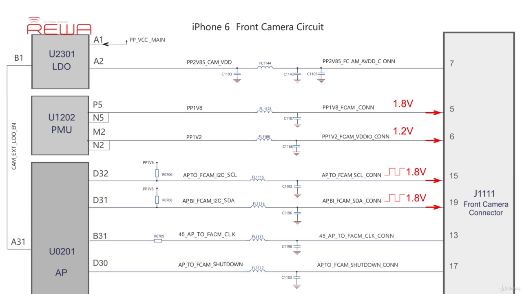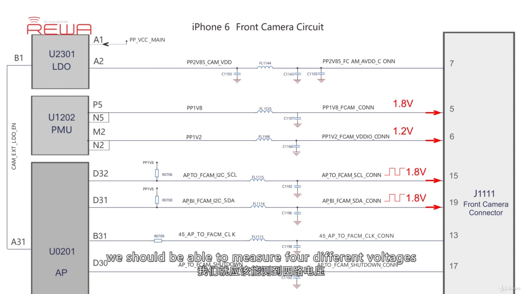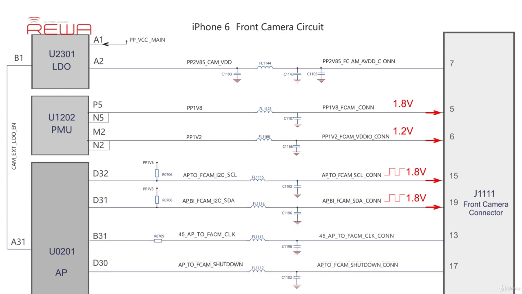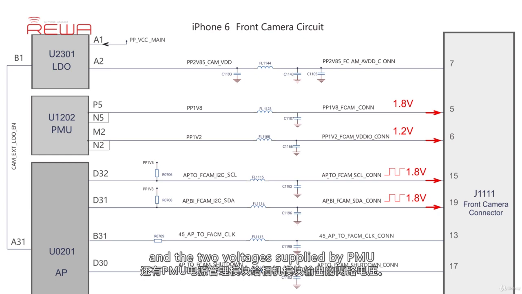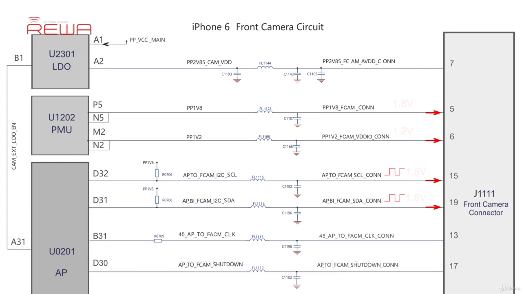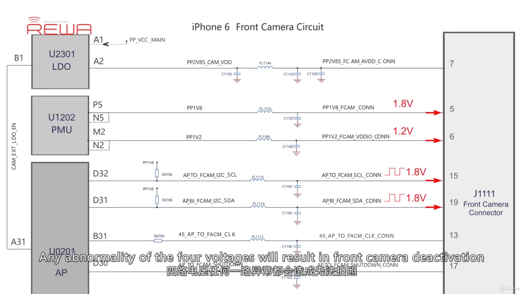mode. So, after the phone has booted, we should be able to measure four different voltages. The two 1.8 volt power voltages, which ensure the operation of I2C, and the two voltages supplied by the PMU. Any abnormality of the four voltages will result in front camera deactivation.